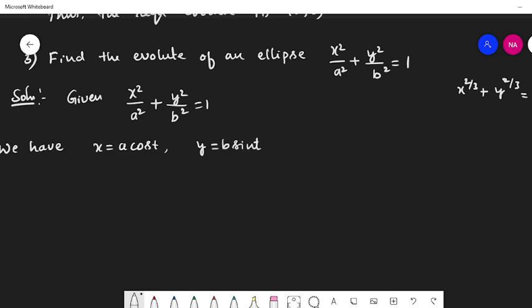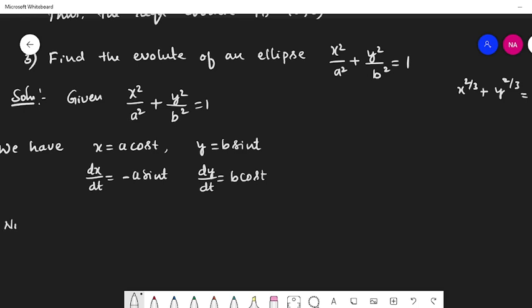Yes, this is the parametric form for an ellipse. Now from this, dx by dt equal to minus a sin t and dy by dt equal to b cos t.